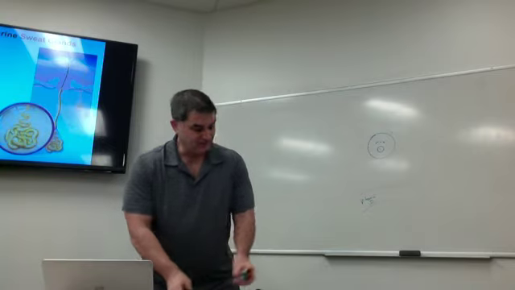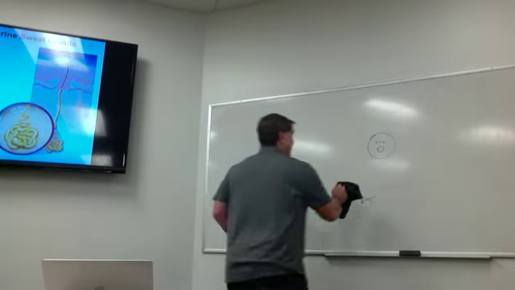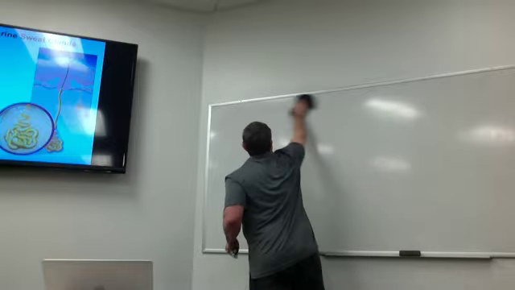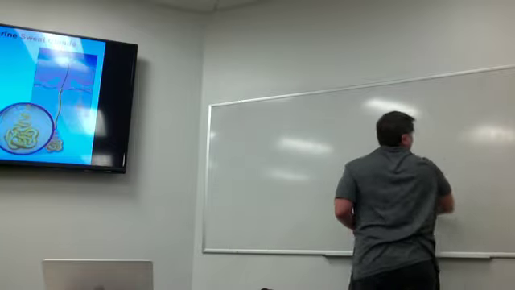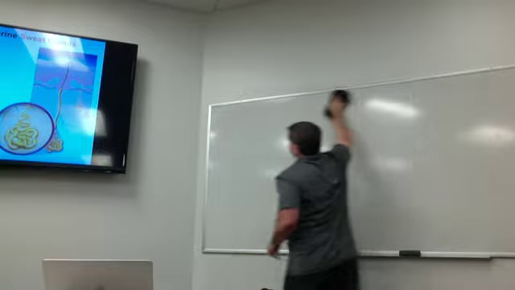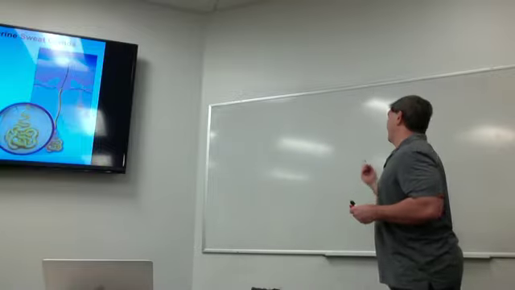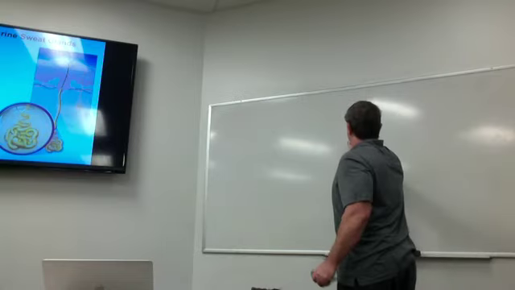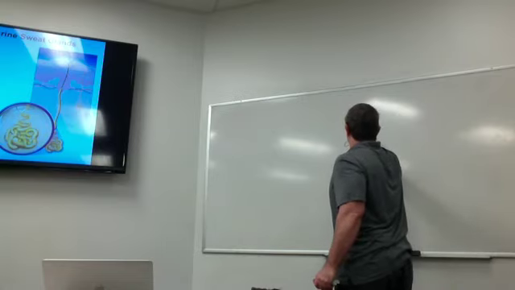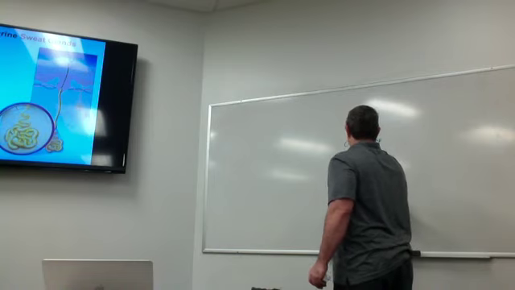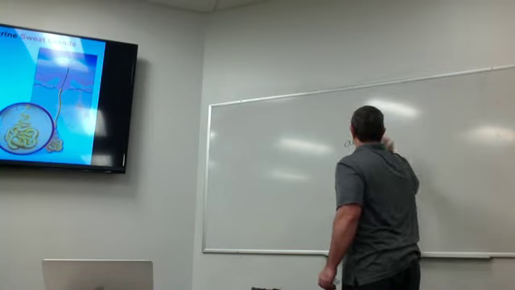Okay, so let's step back a little bit. Besides the ANS, we talked about some other general control systems. One of them was sex hormones. We talked about androgens and estrogens.